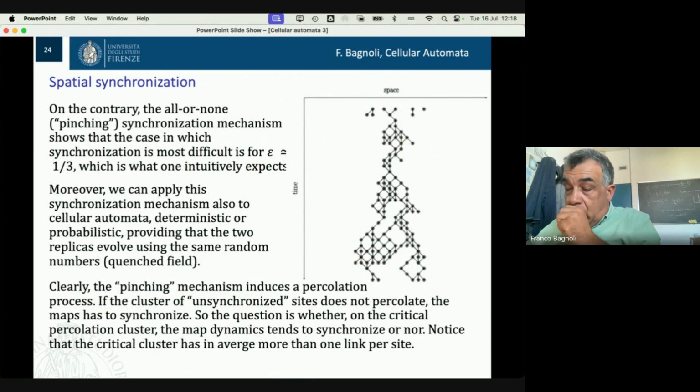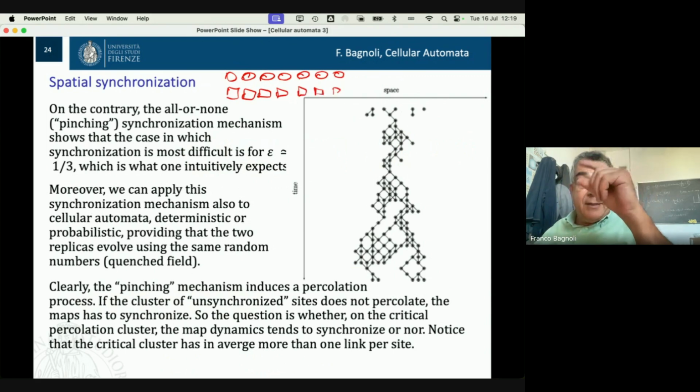But we can have a different kind of synchronization mechanism, which is also applicable to cellular automata, which you cannot push simply by tuning the map.